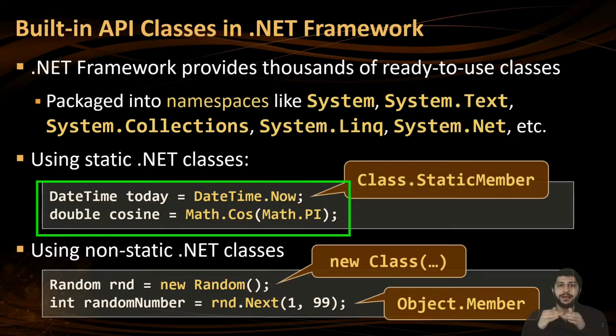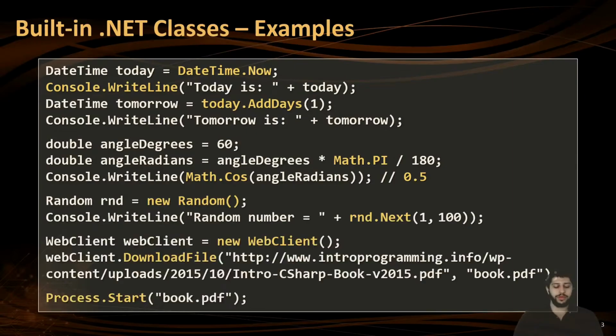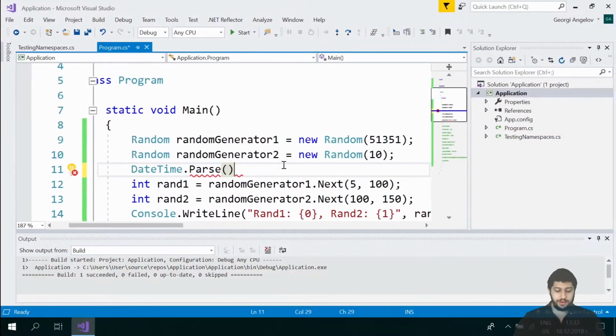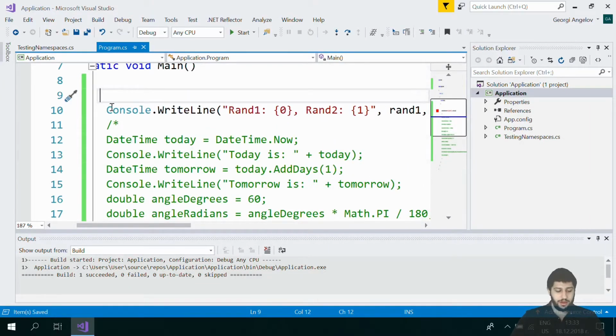And in the second case, we have an object which uses some behavior of the class. We definitely need an object. And we have another example here with the DateTime and the Math classes. We can see them here.